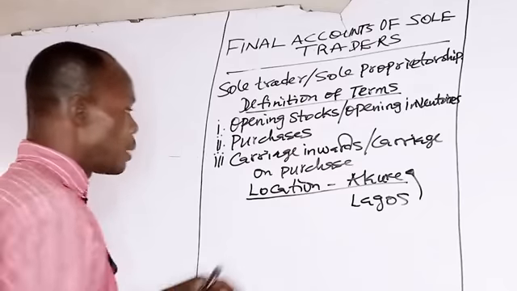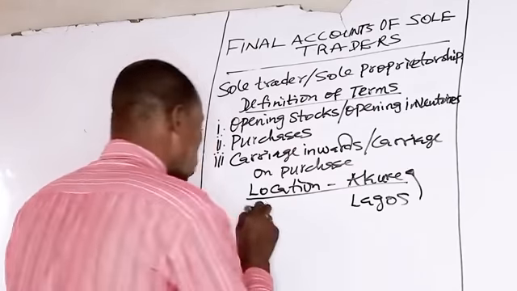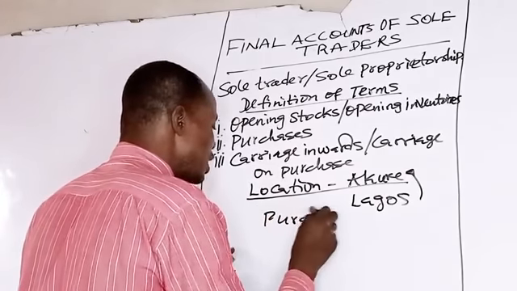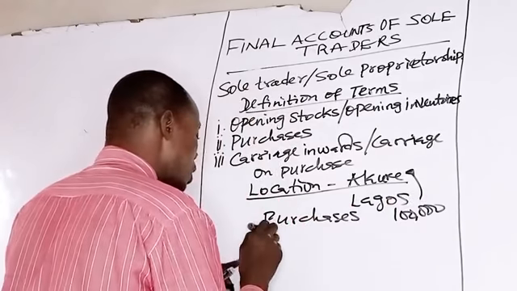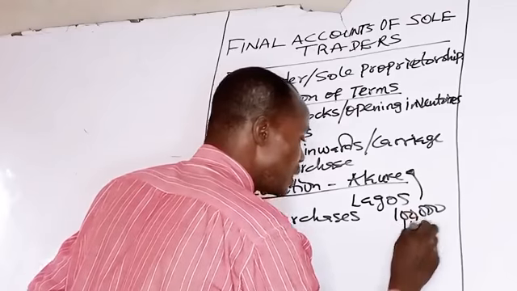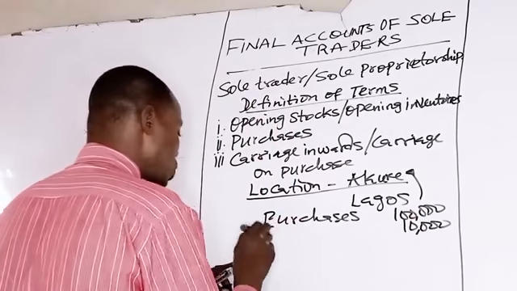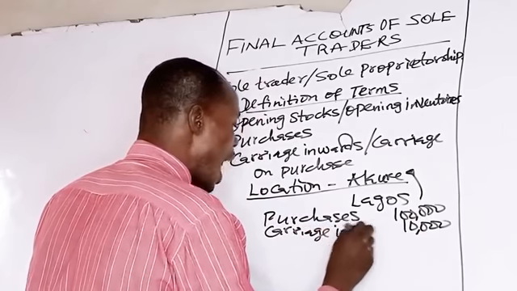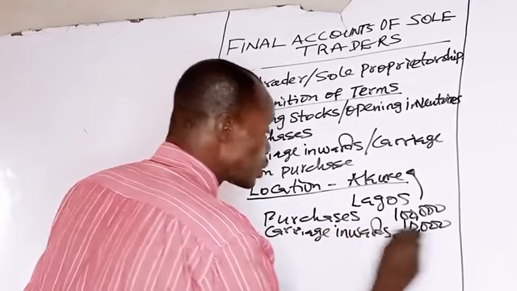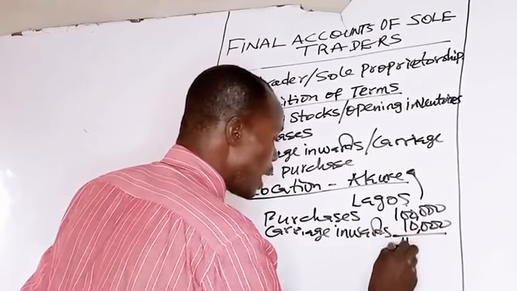Since this cost was incurred in transporting the goods purchased to the store, it should form part of the purchase price. Maybe you go to Lagos and buy goods worth 100,000, and you incur 10,000 naira in transporting them to the store, which is carriage inwards. Therefore, you add the 10,000 to the purchase price to get 110,000.